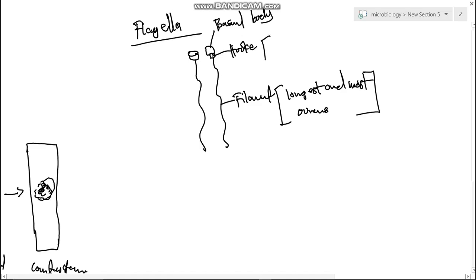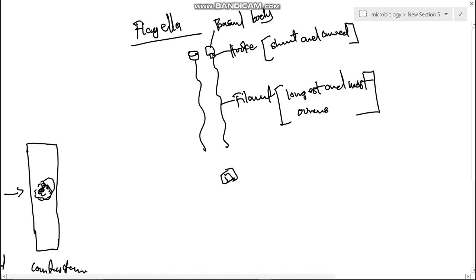The hook is short and curved, and it serves as a link between the basal body and the filament. The basal body itself is a complex structure.